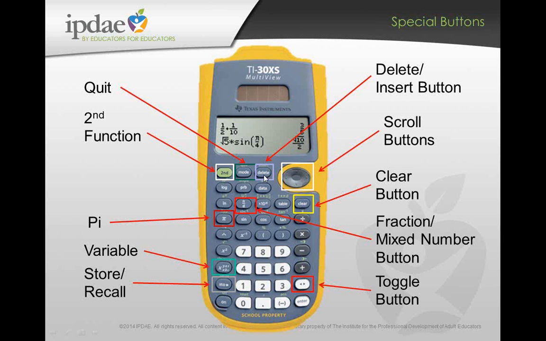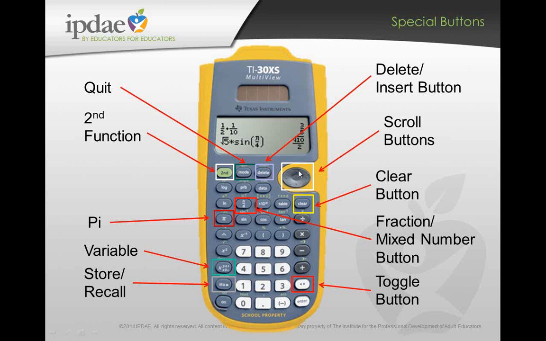This delete button right here is very useful when you're only clearing a portion of an entry in your calculator. Do not confuse this with the all clear or the clear button. This clears the entire line. And if you press this clear button twice, it clears the entire screen. So just be careful with the use of the clear button. I always suggest my students to use the delete button.